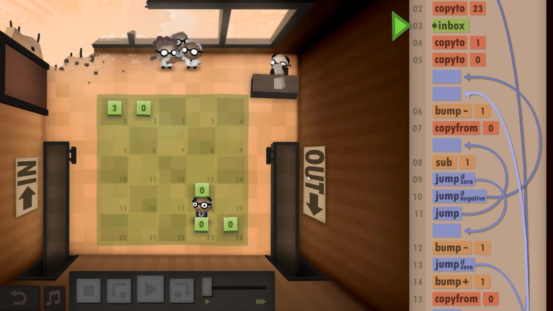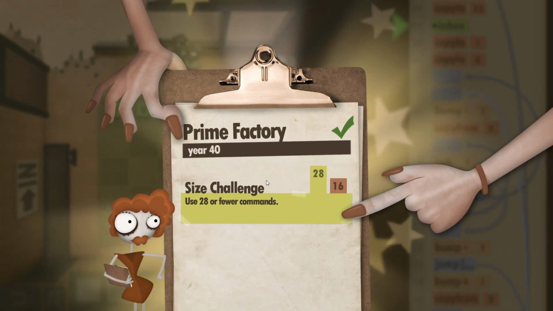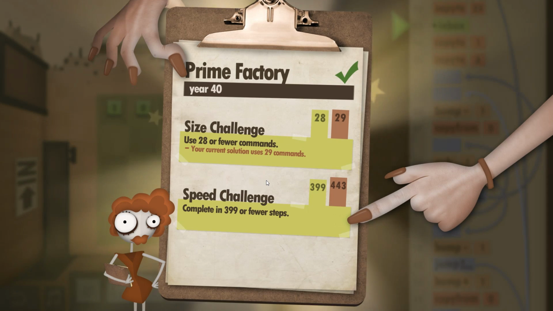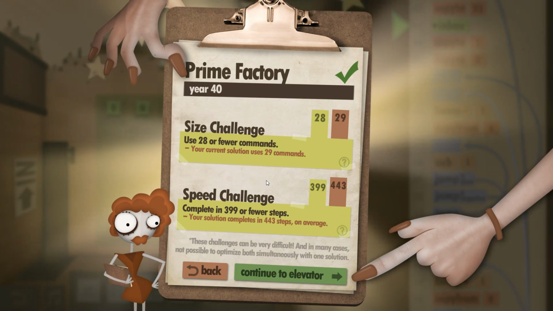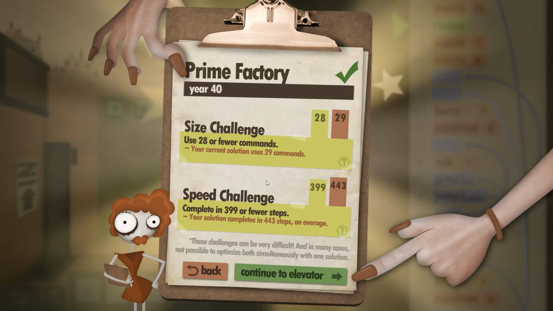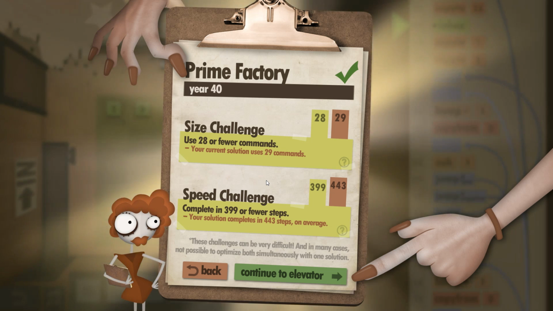This might be it. Yes! Man! Oh, and only one command off. This is crazy. 44 steps and one command off. Wow. Wow, even getting a solution is crazy here.